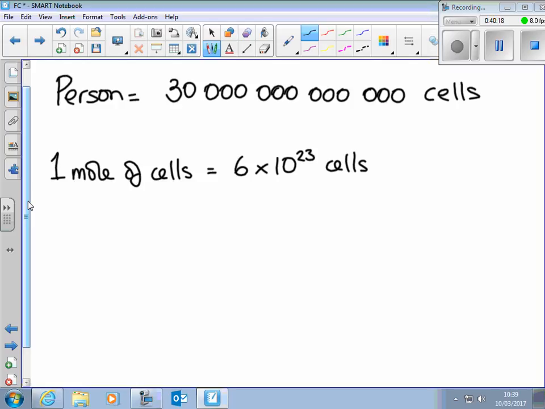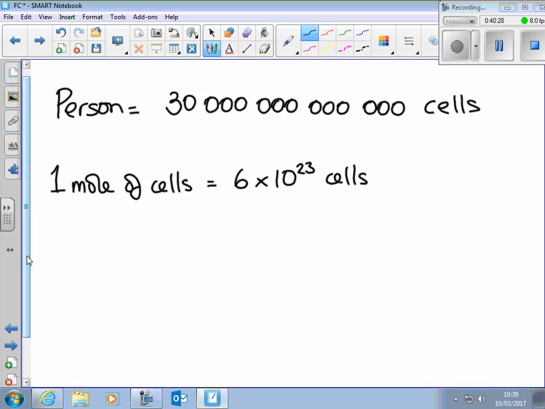Will it be less than 2 people? No. Because what would happen to the person number up there if we had 10 people? It only had an extra 0. Each time you multiply by 10, it adds an extra 0.